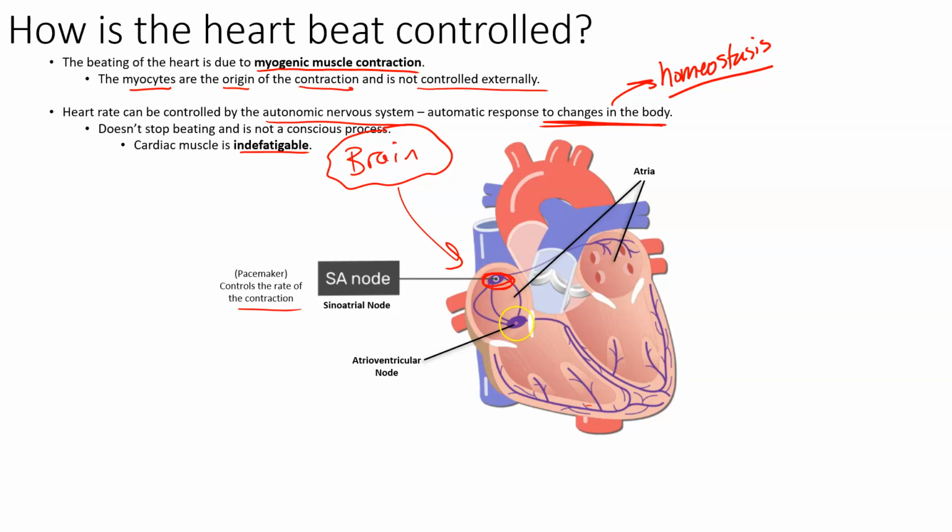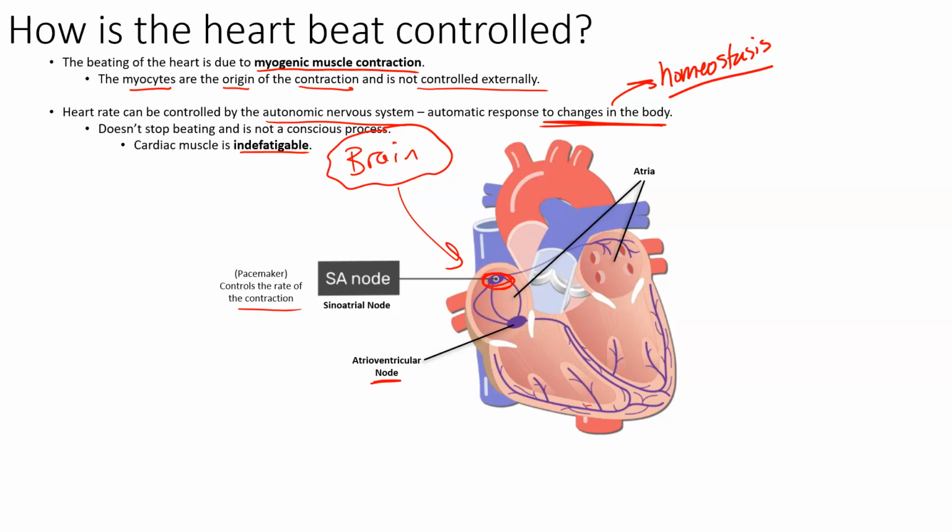There is another node down here on this particular diagram. Sometimes you'll see it more up here, sometimes down here, but this is the atrioventricular node. That should be a relatively easy term to remember because it is sitting right by this AV valve, which is an atrioventricular valve.